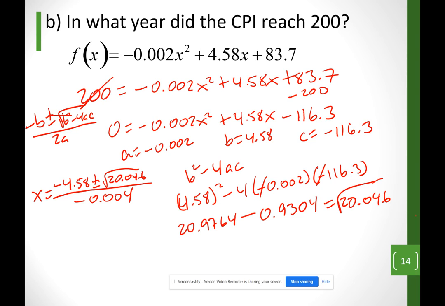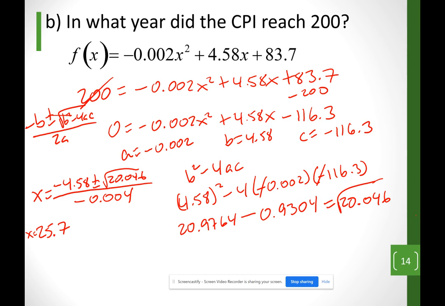Now, when I use my plus sign, typing this on my calculator part by part, I get 25.7.